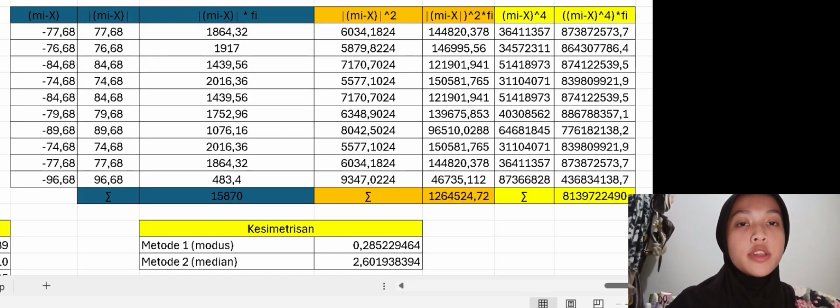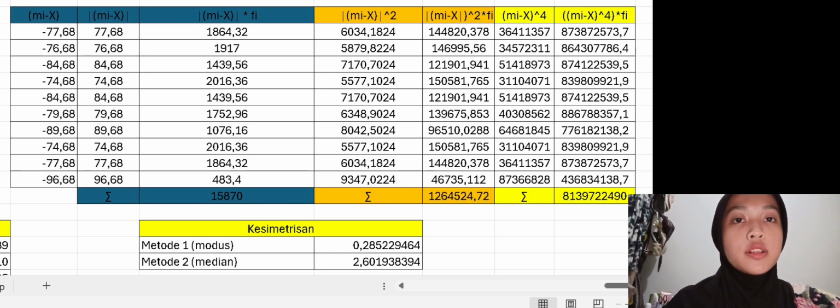In the measure of variation section, the spread of the data from the average value is calculated using the difference between the class midpoint and the mean. From this calculation, mean deviation, variance, and standard deviation can be determined so that it can be seen how far the data is spread from the class to the average.